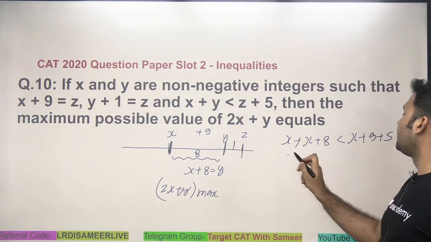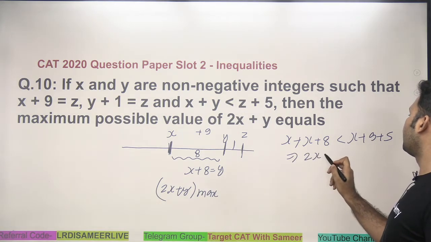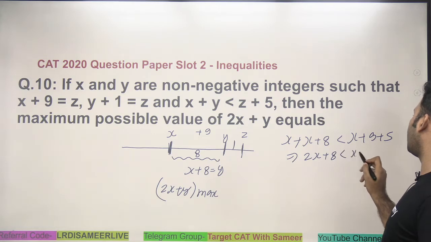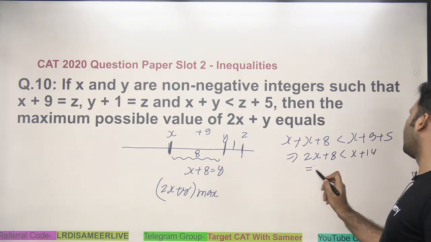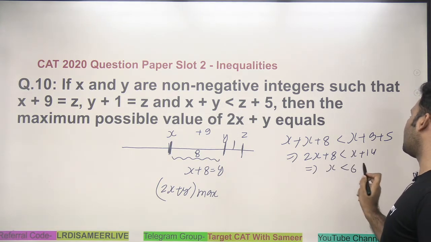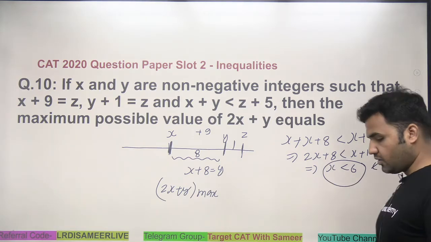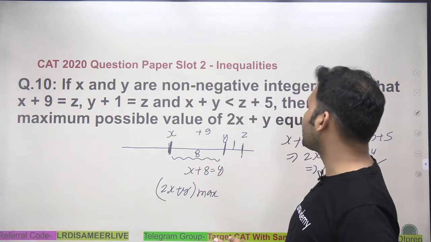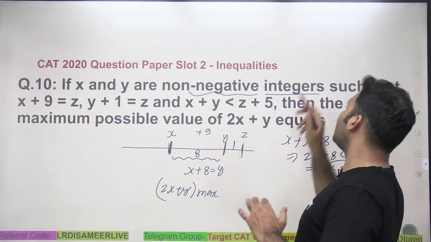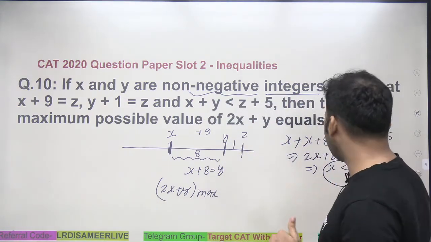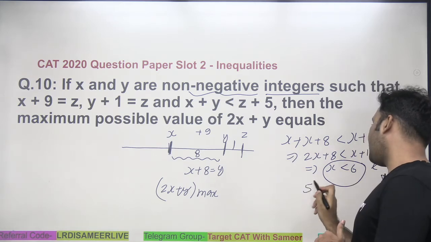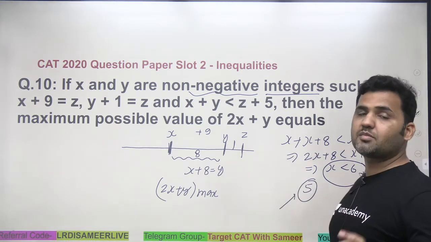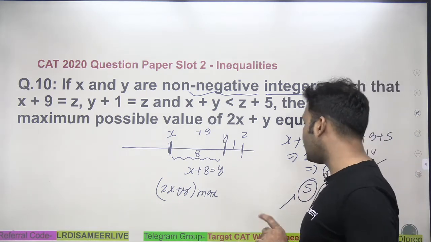That's it. This is x plus 8 less than x plus 14, or you can say x is less than 6. Now when I say the value of x is less than 6, the maximum possible value of x, because it is a non-negative integer less than 6, would be 5. So that's the maximum possible non-negative integer value of x.